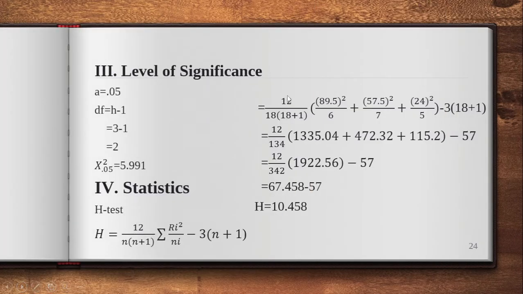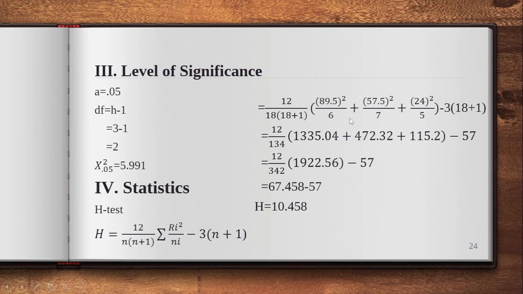Now, ang 12, kung maalala natin, this 12 is constant and negative 3 is constant. Now, 12 over 18 times 18 plus 1 times 89.5 raised to 2 over 6 plus 57.5 raised to 2 over 7 plus 24 raised to 2 over 5.